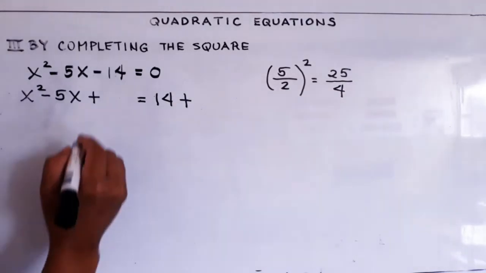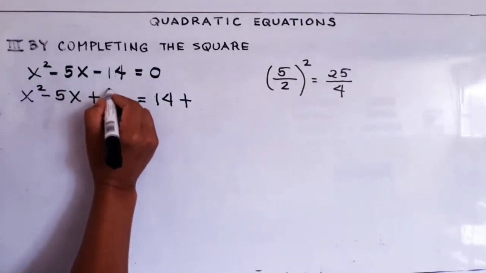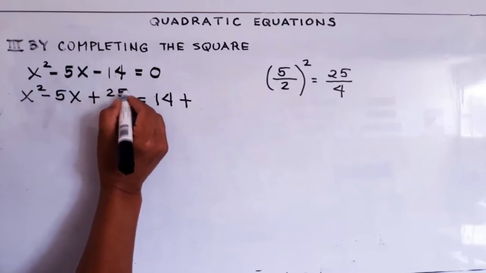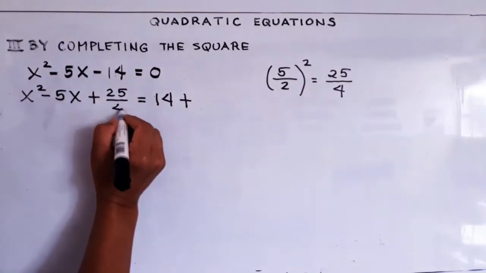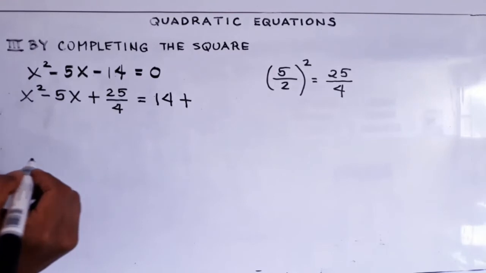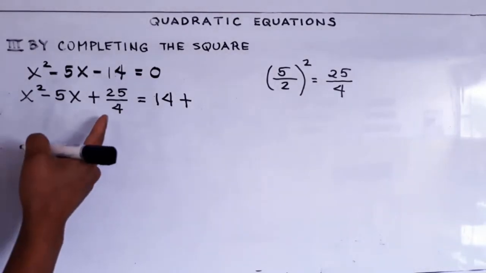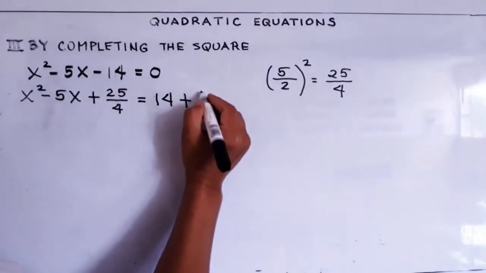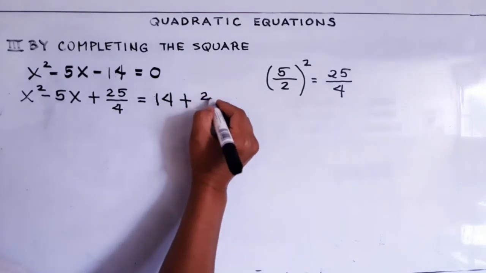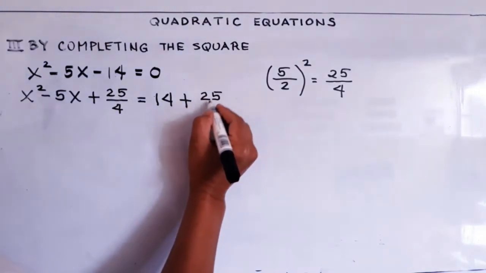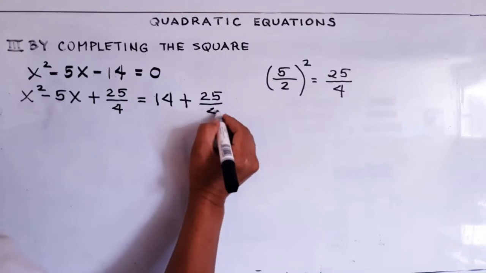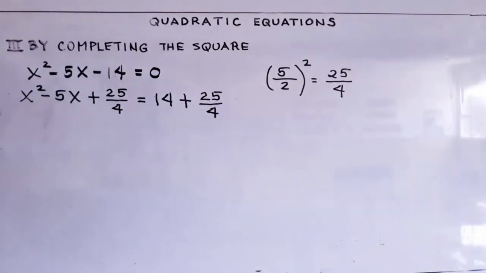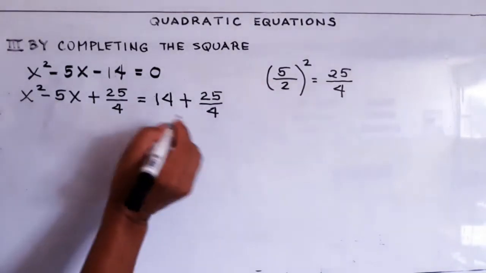So we are going to add here 25 over 4. You are not afraid because this one is a fraction. So we have this one also on the other side, 25 over 4.